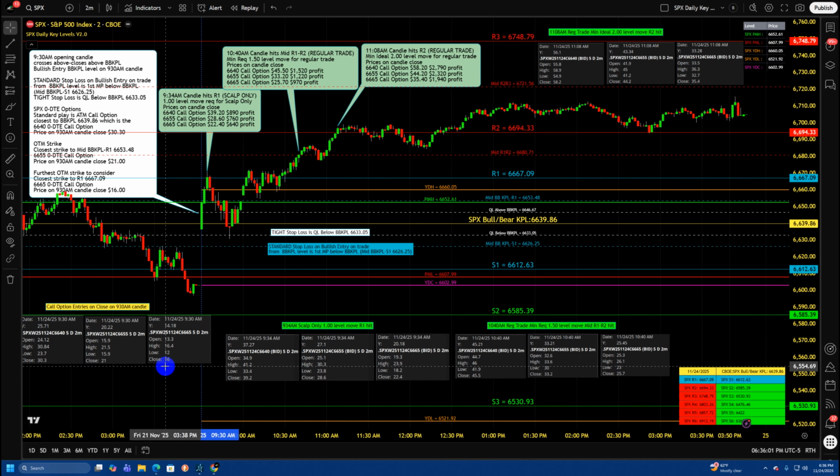So this is a 2-minute chart. This is the recommended chart time frame for the daily key level strategy, utilizing this daily key levels V2.0 indicator. However, the chart time frames that you can use with this particular strategy are 1 minute up to 5 minutes. However, the 2-minute chart we have found to be the most consistent performer with this strategy, performing better than the other time frames between 1 and 5 minute.